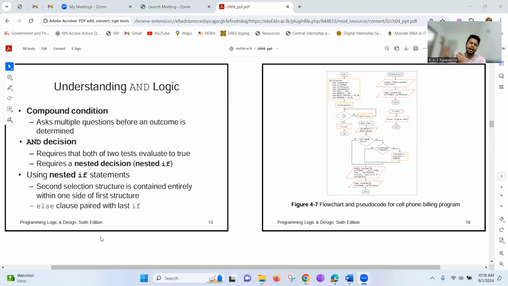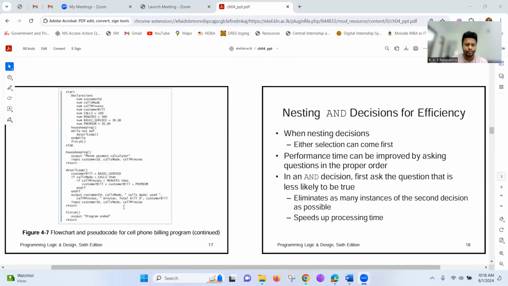Yes, then and there you can use the AND logic. If you use the next if, then you can use this logic, right? Yes, so you can see here.